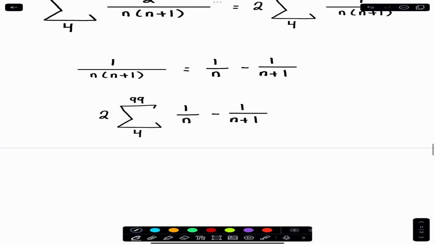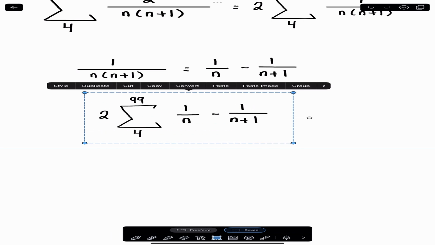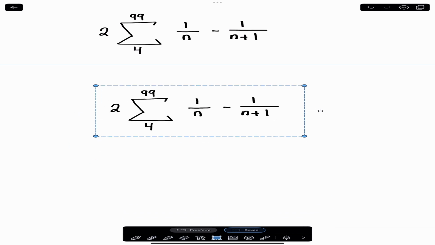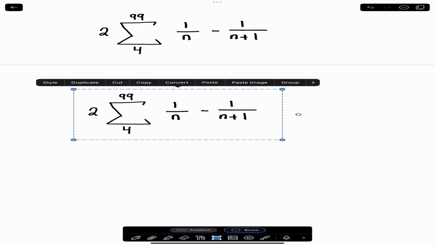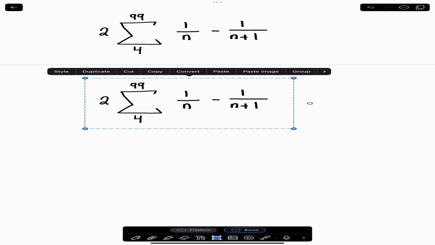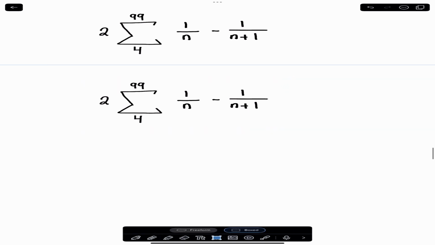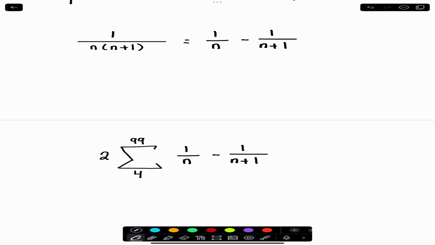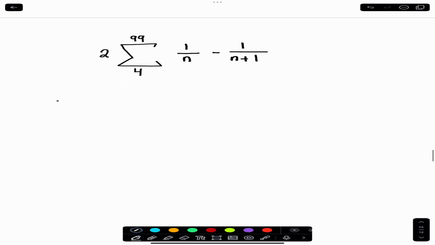But this over here should not be too bad. I think I just want to put this on a new page actually. So this should be easier for us because I'm going to keep the 2 on the outside for now.